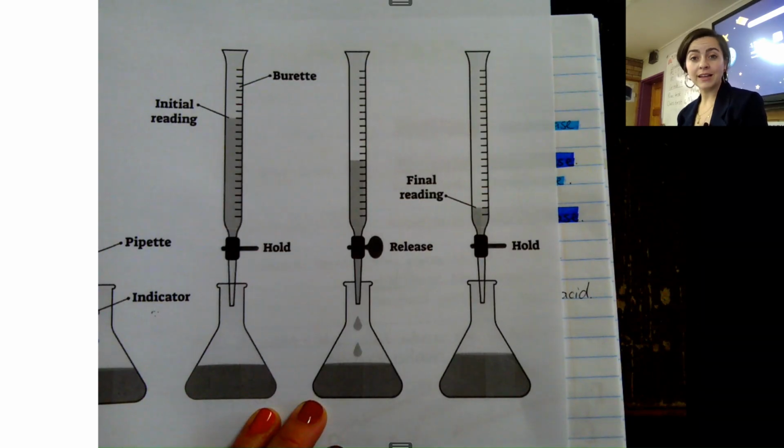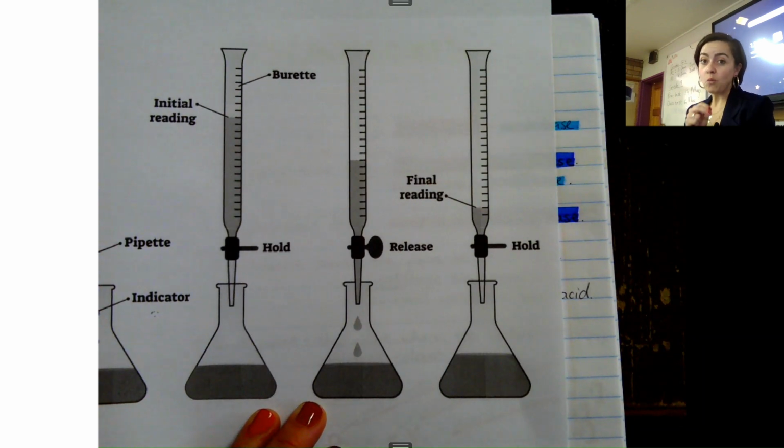And an end point color tells me that the equivalence point has been reached. What does that mean? That means because of that specific color change, I know that the exact right amount of base was added to neutralize or react with all of the acid that is inside of my conical flask.